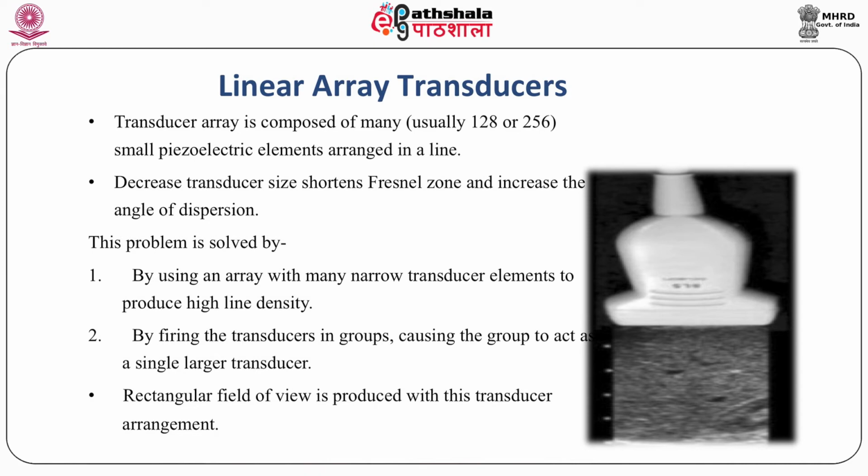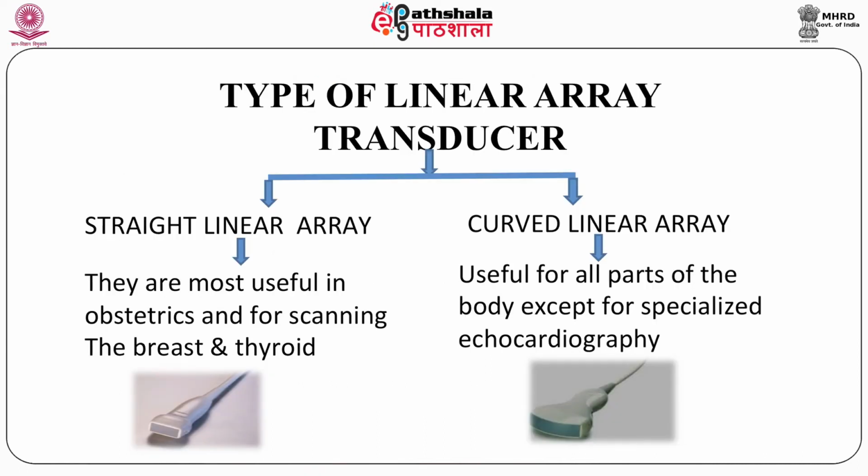Decreased transducer size, shorter Fresnel zone, and increased angle of dispersion are problems solved by using an array with many narrow transducer elements to produce high line density. By firing the transducer elements in groups, causing each group to act as a single transducer, the length of the near field is preserved. At the same time, it can have a large number of scan lines.